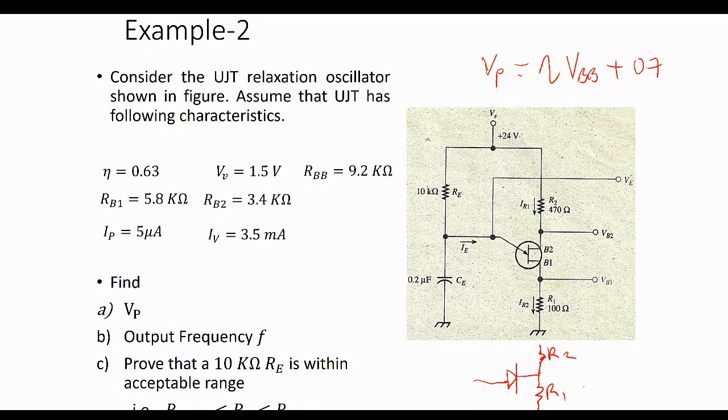Once we have sufficient voltage here, and we trigger or make the UJT fire, then we have a low resistance part here.